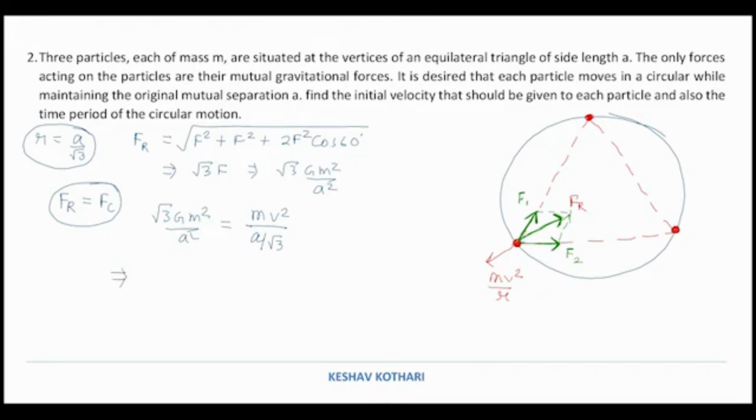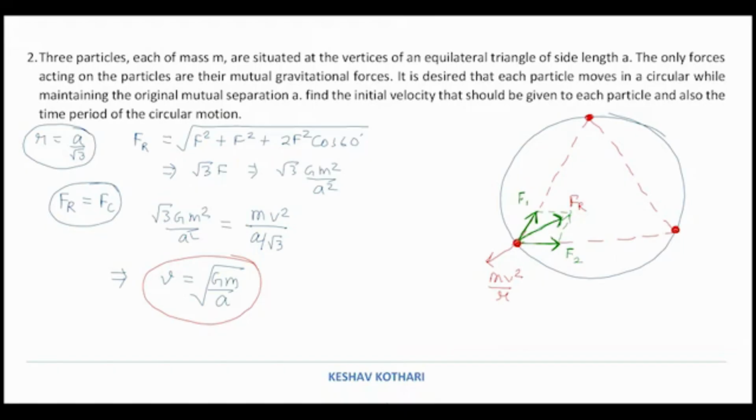The root 3 will get cancelled, and m will get cancelled, and we get v as root over G m upon a. This is what the question asks: the initial velocity that should be given to each particle. This is the value of velocity that should be given to each particle so that they can move maintaining the mutual separation.